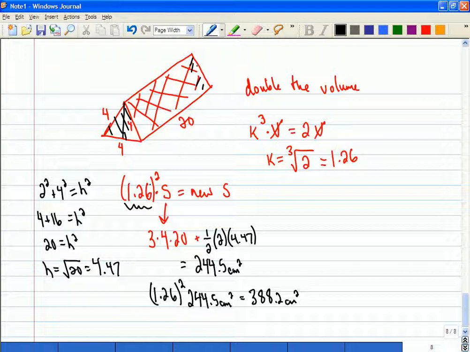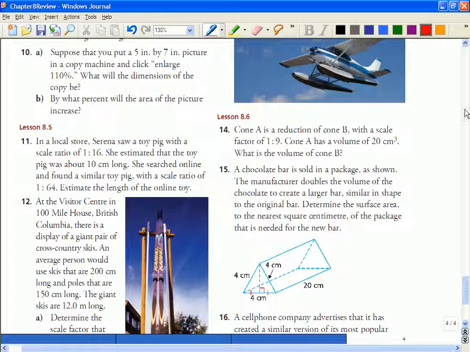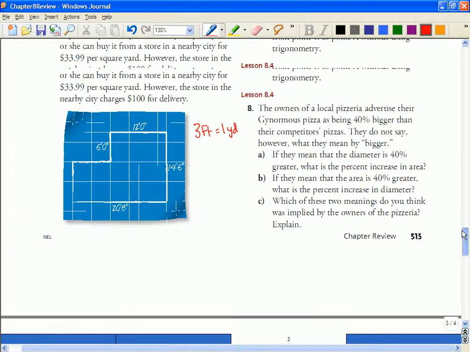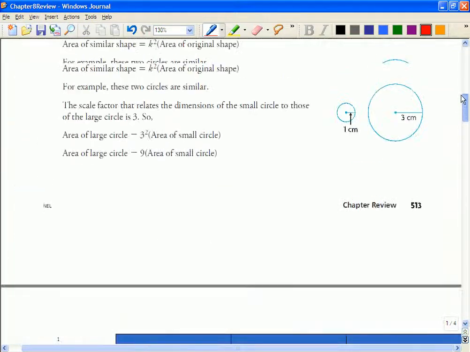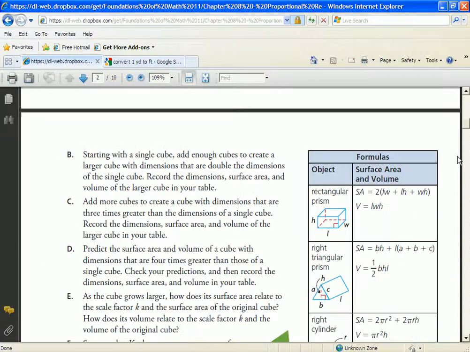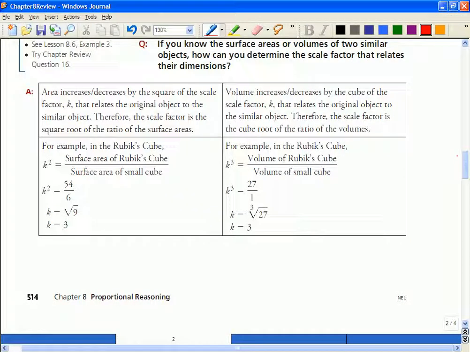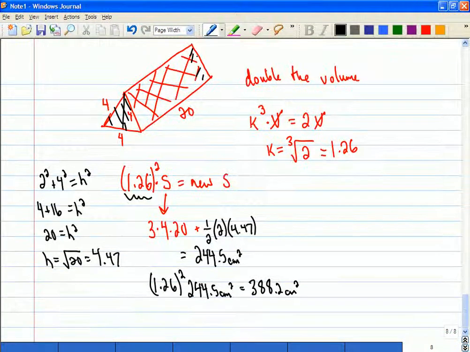The other way you could do it would be to figure it out by calculating the volume. So I'll just refer you to the textbook for a second here. There is a formula sheet for the volume of a prism, and let's just bring it back up. Okay, so it's in this section. There we go. So the volume is 1/2 the base times the height times the length, and we've already calculated that height as root 20. So let's go and find the volume.